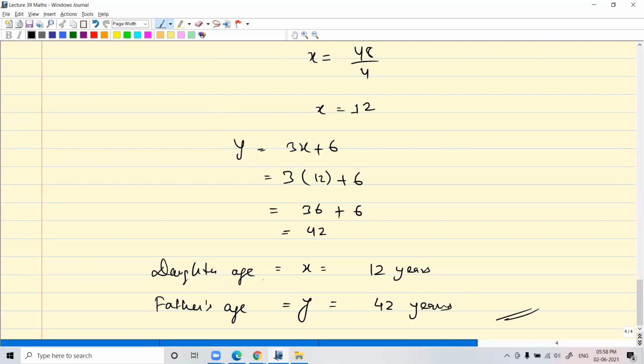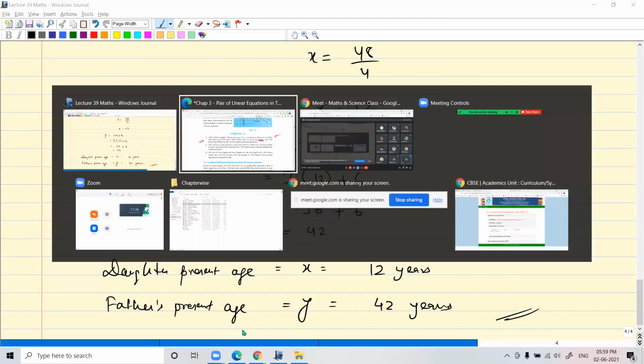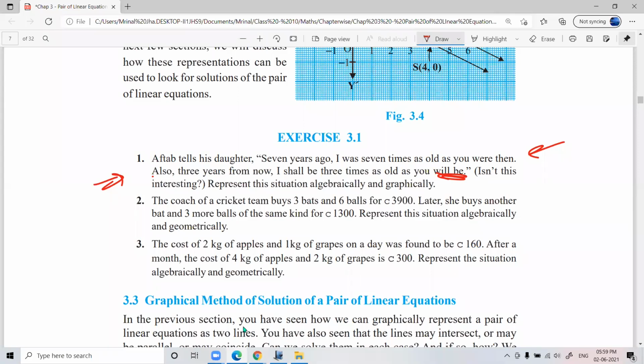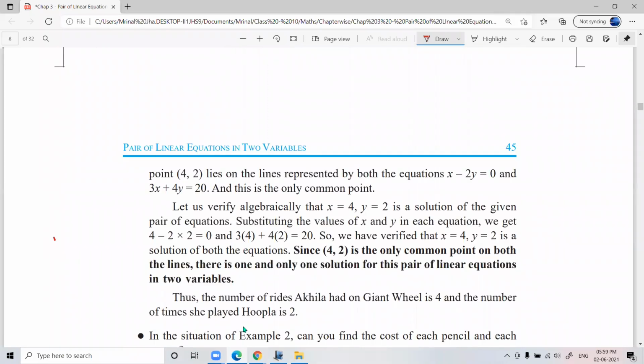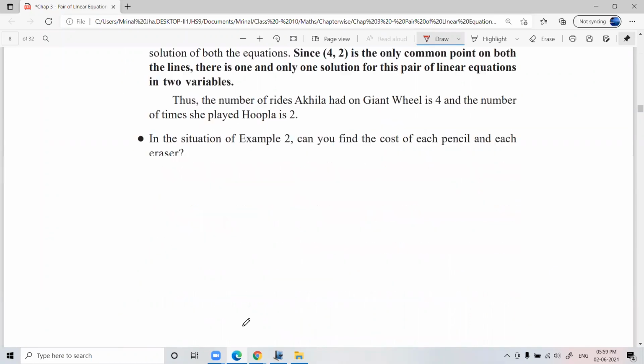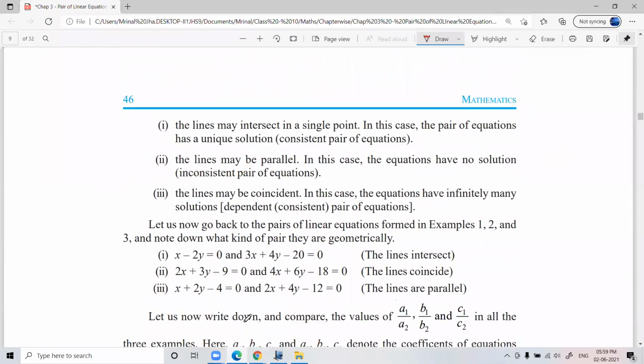So remember when I'm saying father's age, you should write actually present age, okay? Let me write that also. X and Y is their present age. Okay. So I have solved this first one for you people. Those of you who have already completed second, third, and even the examples, you can continue with whatever you have done. Go to the next example or whatever exercise.